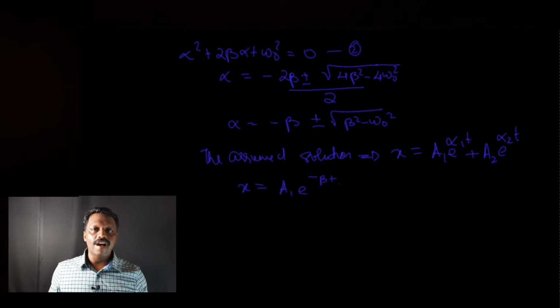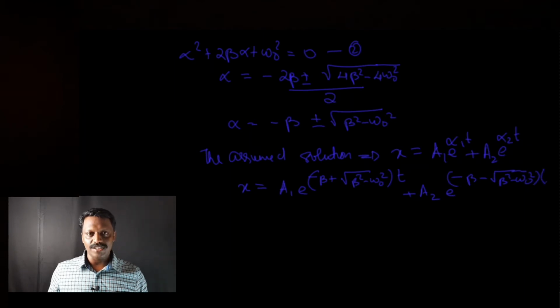Now, substituting the values of the two alphas, alpha 1 and alpha 2, from the obtained relation, we can modify the assumed solution as a1 e raised to minus beta plus root of beta square minus omega naught square times t, plus a2 e raised to negative beta minus root of beta square minus omega naught square times t.